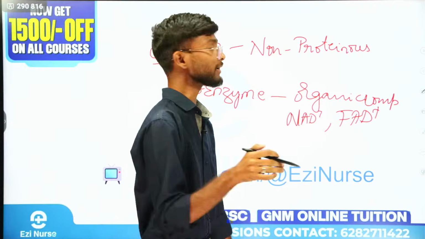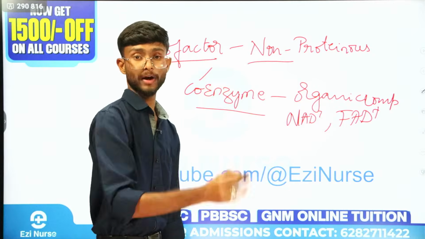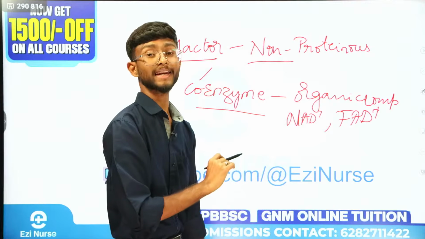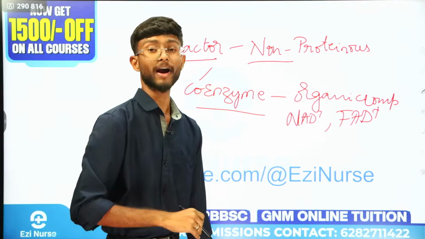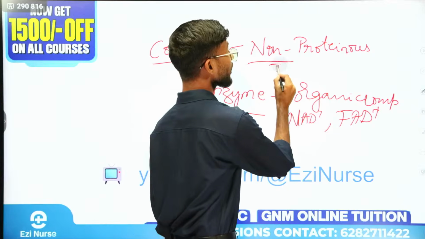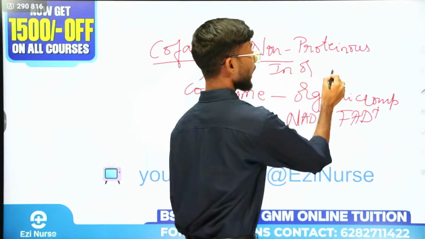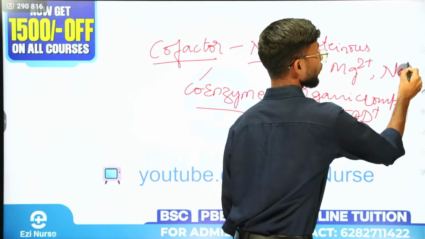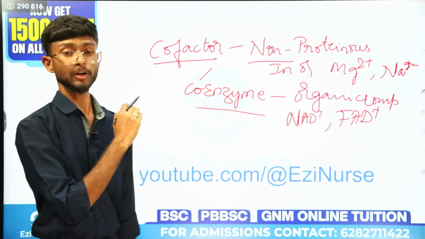Both are non-proteinous, but a coenzyme is an organic compound, while the cofactor includes inorganic compounds like Na plus and Mg2 plus. These are the cofactors.